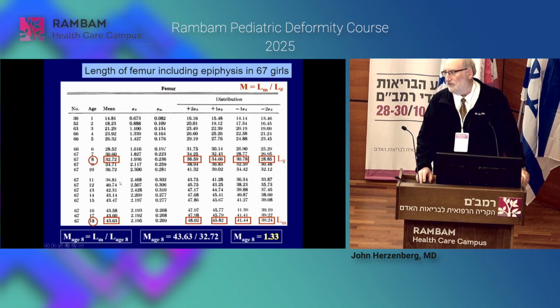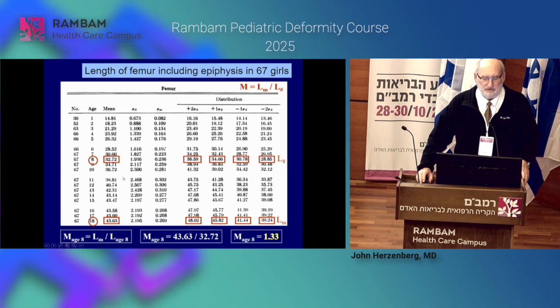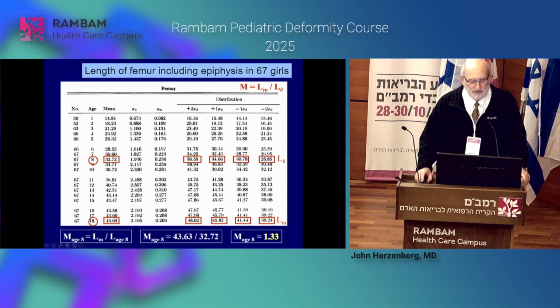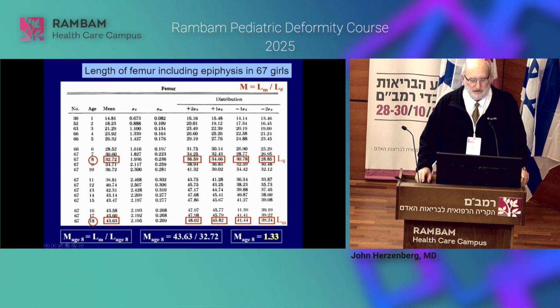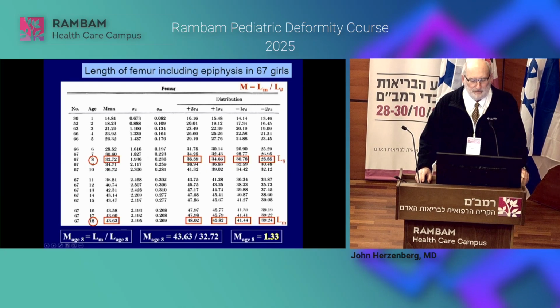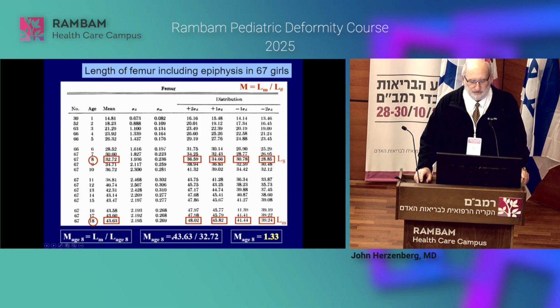So, for example, and this is all we did to come up with the multiplier, we took the length of a femur at maturity, which was 43 centimeters, typical femur, in a girl. And then what it was at age 8 was 32 centimeters. If you take this divided by this, you come up with a multiplier. In other words, the length of a femur times that multiplier will give you the length at maturity.